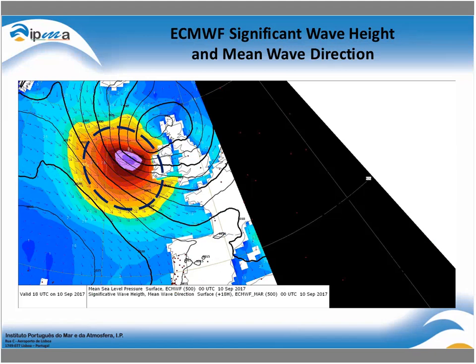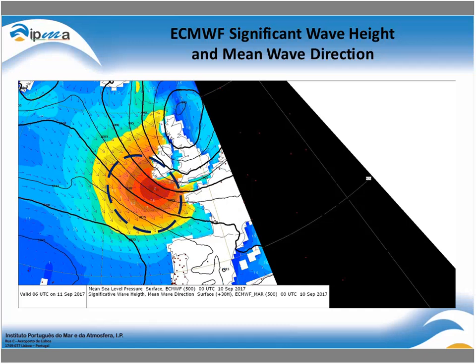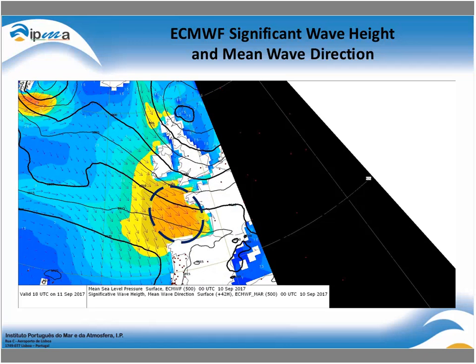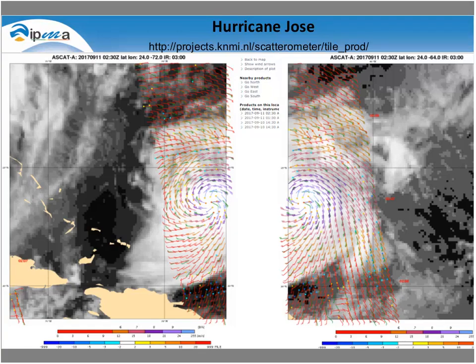You can see higher than 9 meters near the British Isles, and then affecting the Bay of Biscay, but with the winds not with as much strength, so the significant wave height is also decreasing near the Bay of Biscay. But even so, there are warnings limited, so the significant wave height is important in this case.